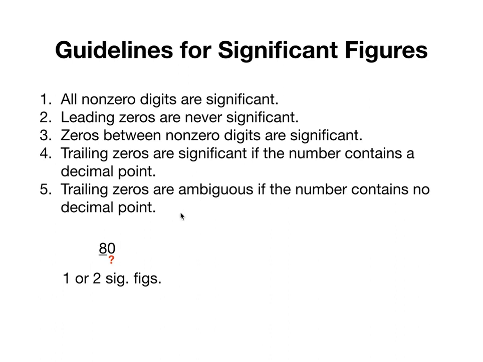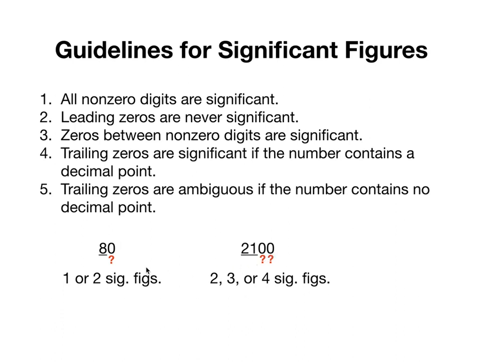Okay, ambiguous, we can't tell if that's significant or not. So we know this number has 1, maybe 2 sig figs. Okay, if we have the number 2100, okay, we know the 2 and the 1 are significant, but those trailing zeros we don't know. So we've either got 2, 3, or 4 significant figures.